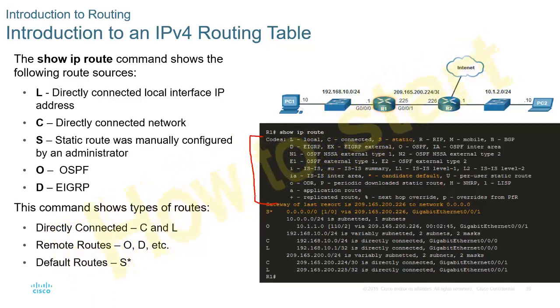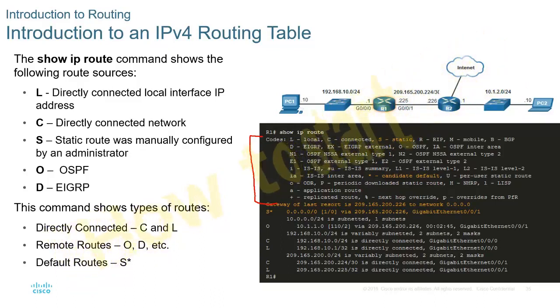Directly connected routes with a local interface will use an L. Directly connected networks will use a C. Notice directly connected local interface addresses are slightly different than directly connected networks.